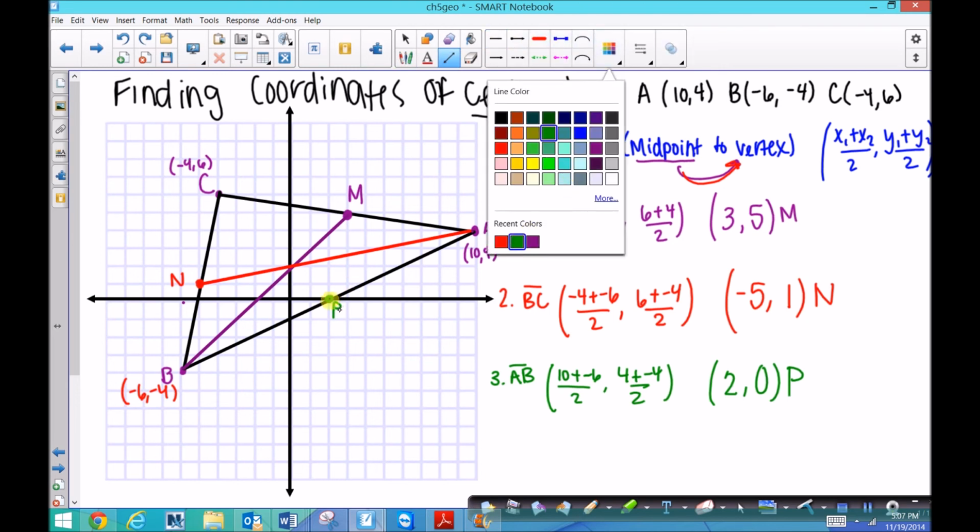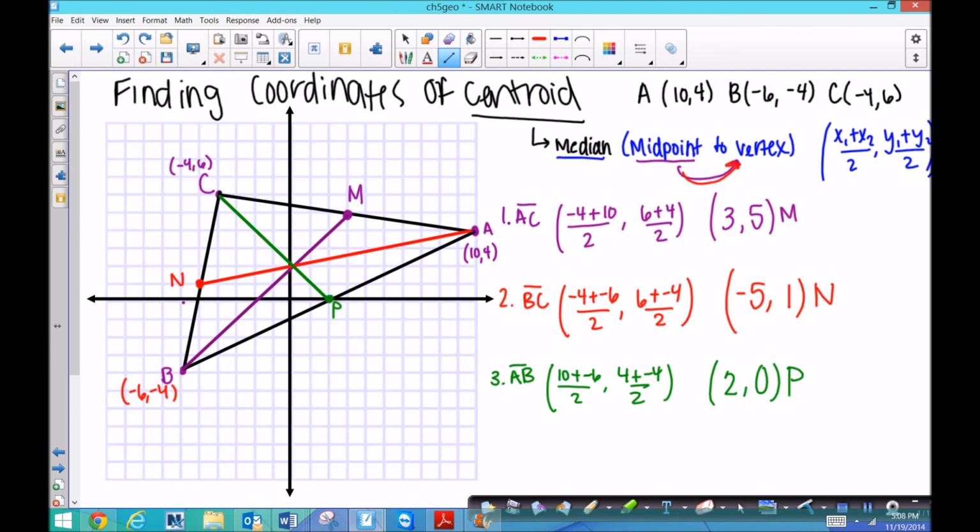And the vertex that we are not yet touching is C. And we can see that all 3 of our medians did intersect here at this one point, which is going to be your centroid. And the coordinates of the centroid, in our case, the x value is 0, and the y value is 2. So our centroid occurs at 0, 2 for triangle ABC.